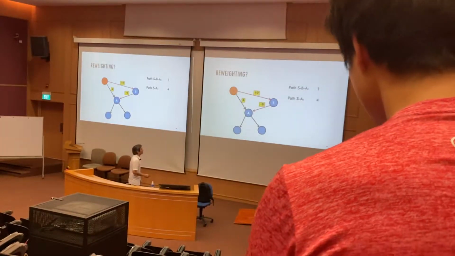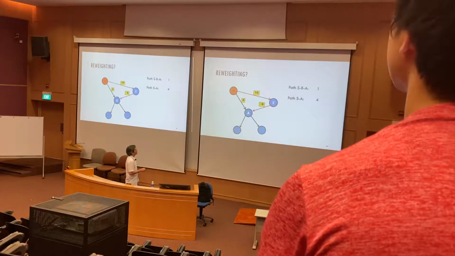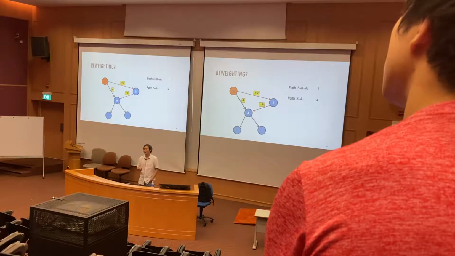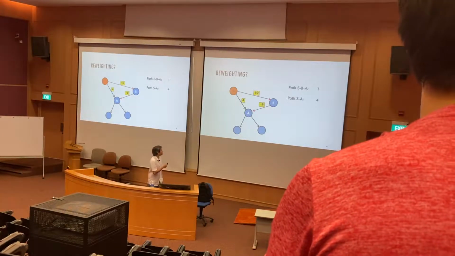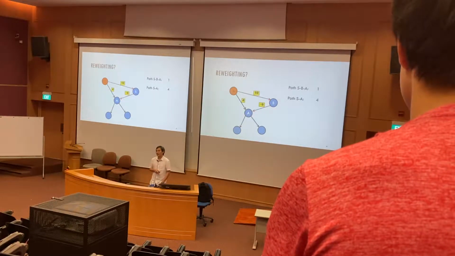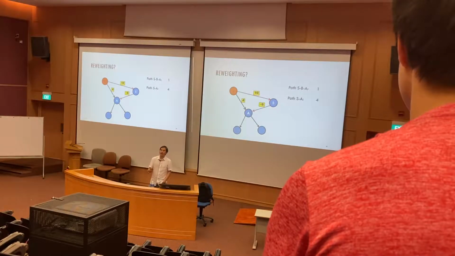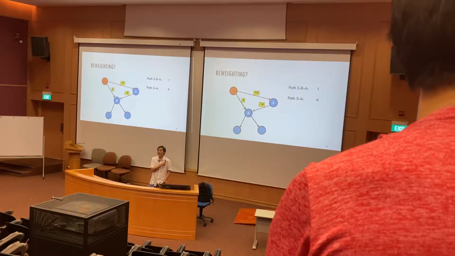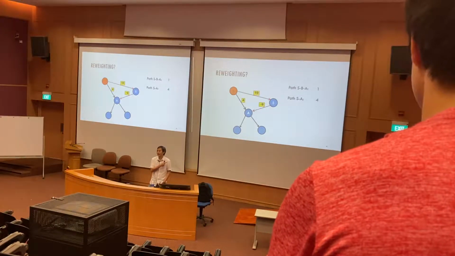So what's the shortest path to A? This is through B. This is 1. This is 4. If you just go through here, it's 4. So whatever operation I perform on the graph, I had better maintain this result. The answer should be correct.